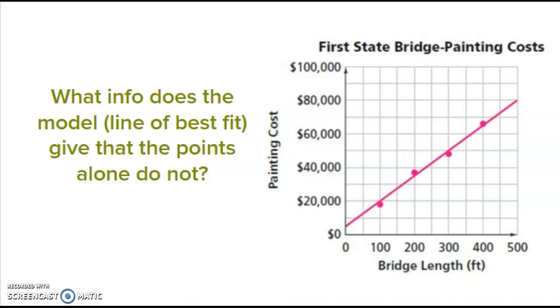If I look at 150 down here, there is no point. Or if it was 250 feet long or 350, there's no point that goes to them. So the line of best fit helps us find those in-between points. It helps us find all of the different lengths for the bridges. So it gives us that more information, like I was talking about in the last slide.